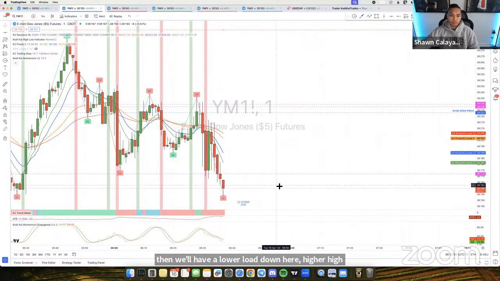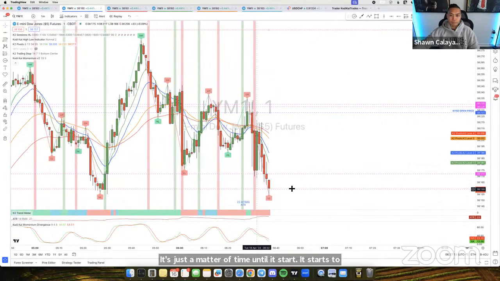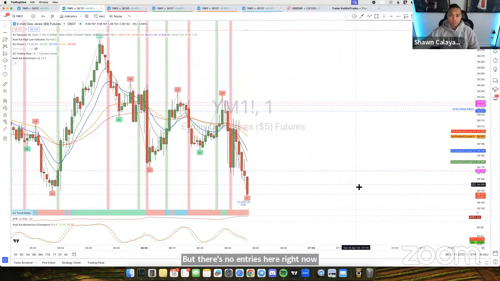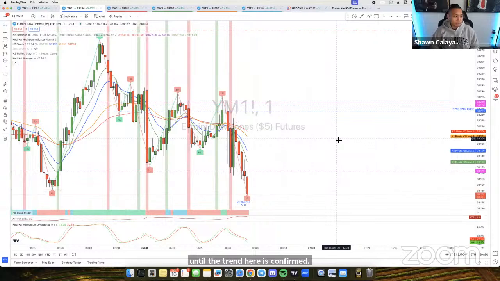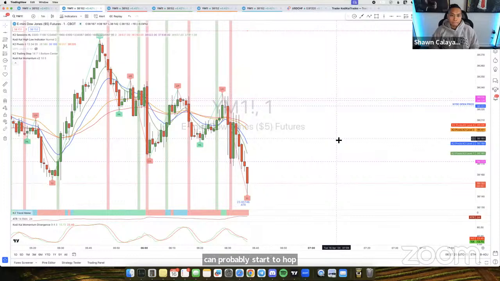It's just a matter of time until it starts to establish. But there's no entries here right now. The good thing is that there's no news coming up, so we're just going through the motions, waiting until the trend and the direction have been confirmed. Once we have that, we can probably start to hop into something if something does come up.